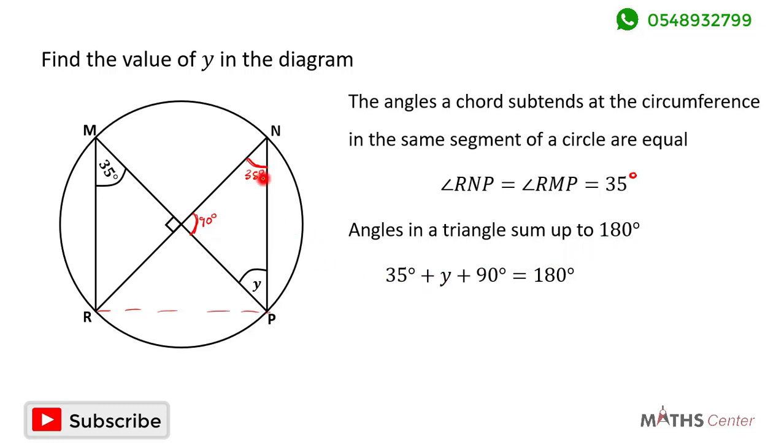So we can say that 35 degrees plus y plus 90 degrees is equal to 180 degrees. And y will be equal to 180 degrees minus 90 degrees minus 35 degrees. And this will give us 55 degrees. So the value of y in this diagram is 55 degrees.